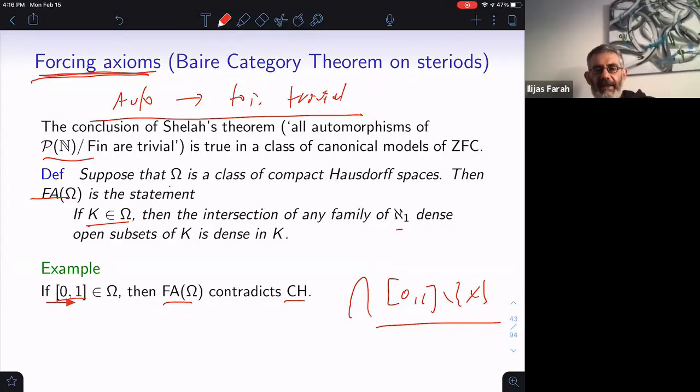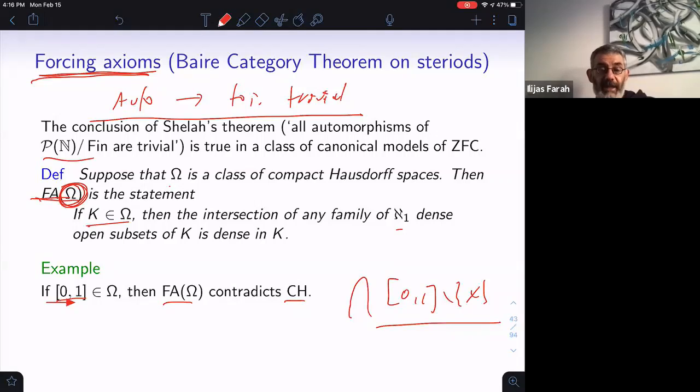But as you get a bigger and bigger class of compact Hausdorff spaces, you get more and more interesting axioms. Some of them are too interesting. Some of them imply that 0 is equal to 1. It is not difficult to find, in ZFC, a compact Hausdorff space and a family of aleph 1 dense open subsets whose intersection is empty. So really in this FA(Omega), everything depends on this parameter Omega.